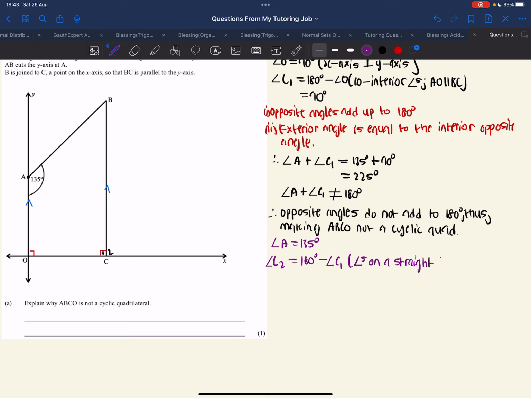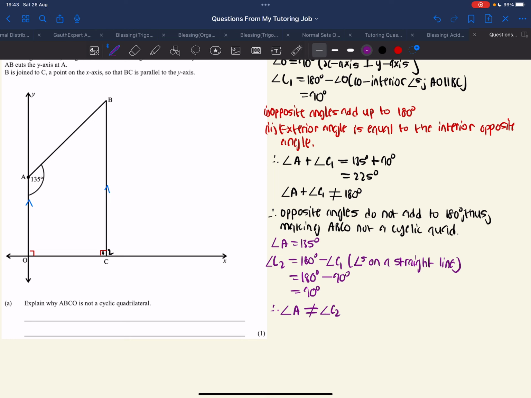If you say 180 minus 90 degrees, you basically just get 90 degrees. Therefore angle A is not equal to angle C2.